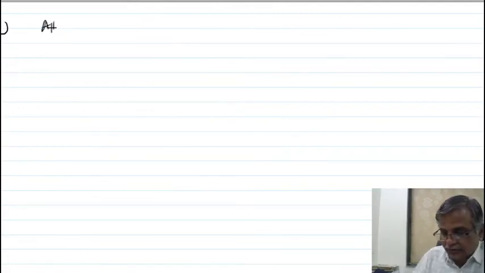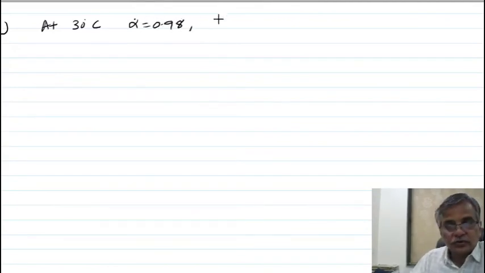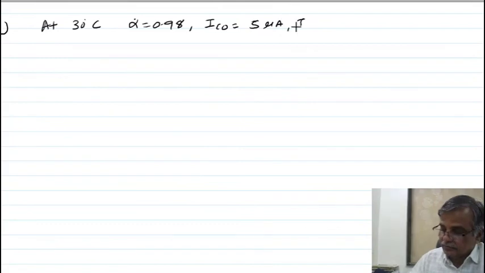Suppose at room temperature, let me say at 30 degrees centigrade, your alpha is 0.98, your leakage current is 5 microampere, base current is 100 microampere. Calculate the collector current at 30 degrees centigrade.